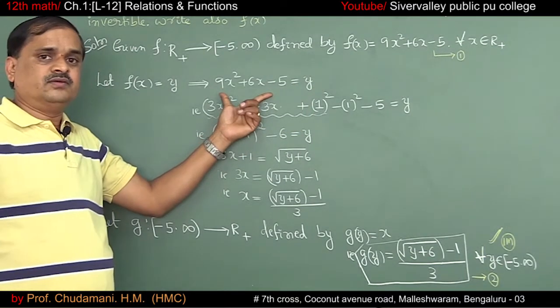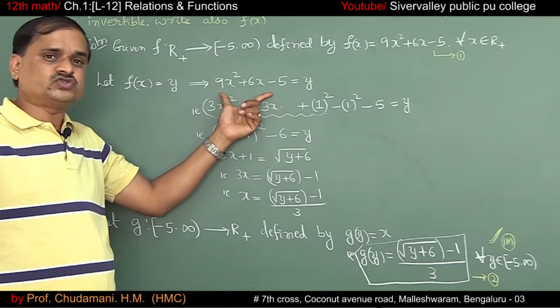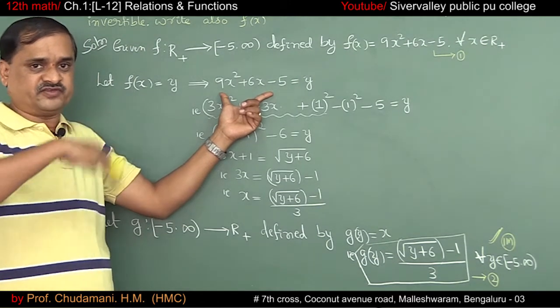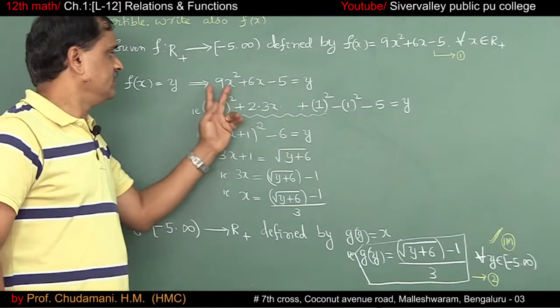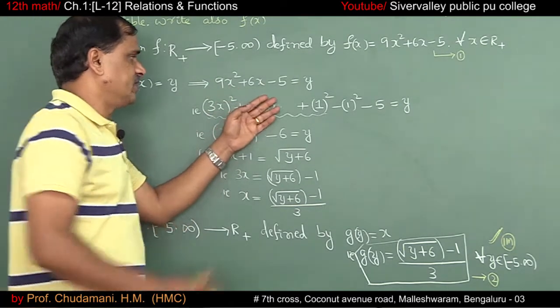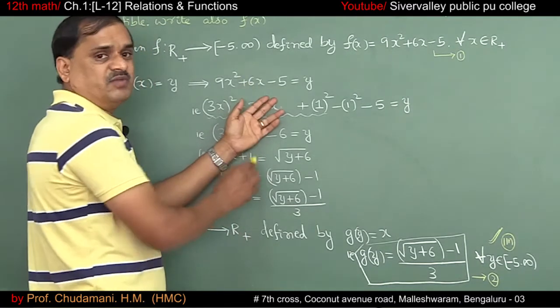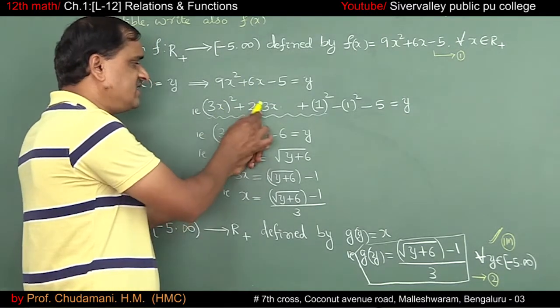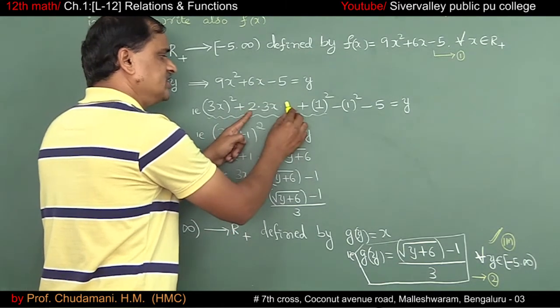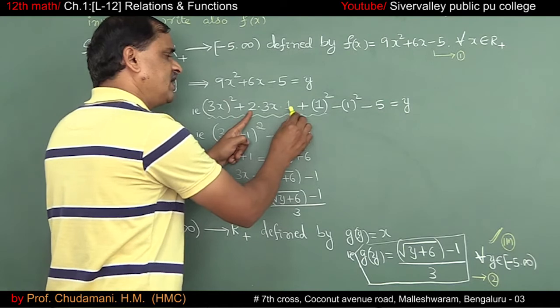So again we need to solve for x by the completion of square method. What we did in the previous problem, same procedure. 9x square can be written as 3x the whole square. This is the 2ab term, 2a is 3x. What should b be? 2 into 3 is already 6, so I should take b as 1.